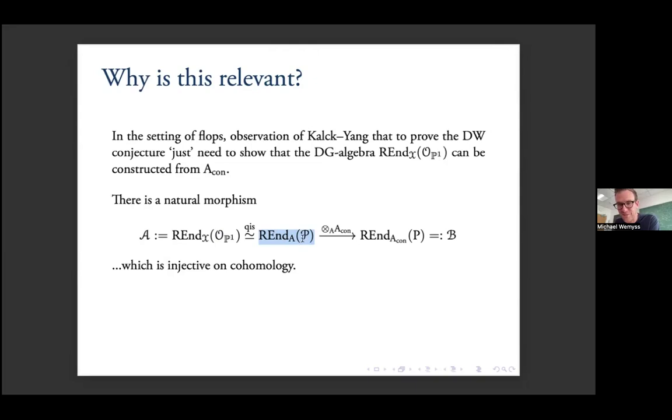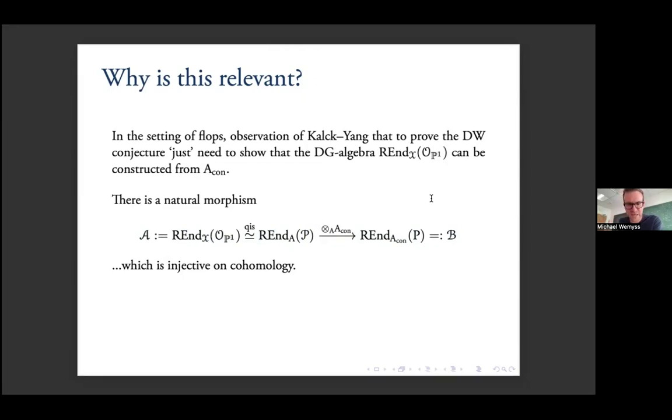You just tensor the projective resolution term by term over A with Acon, a ring homomorphism, restriction, extension of scalars, and you get to this B, the RHom of Acon. You have A going to B, which it turns out is injective on cohomology.